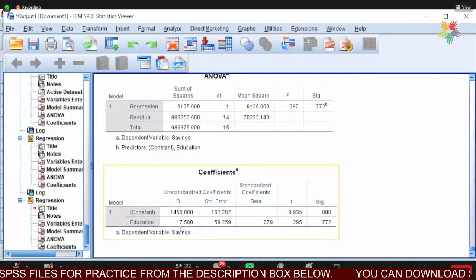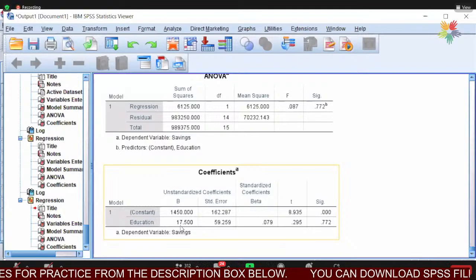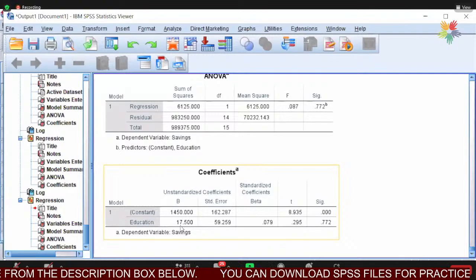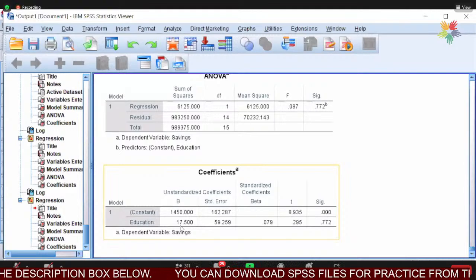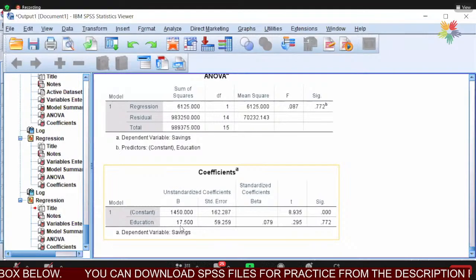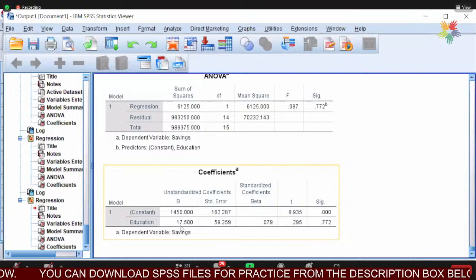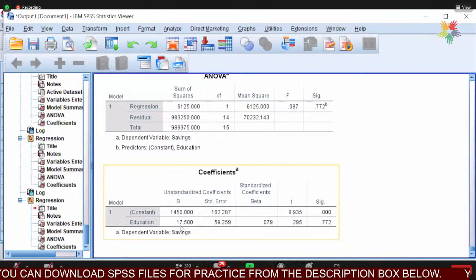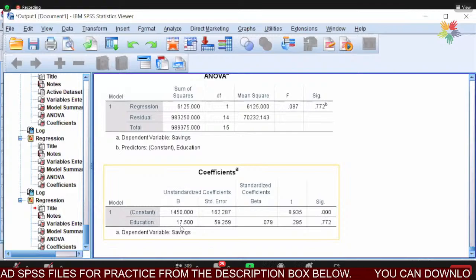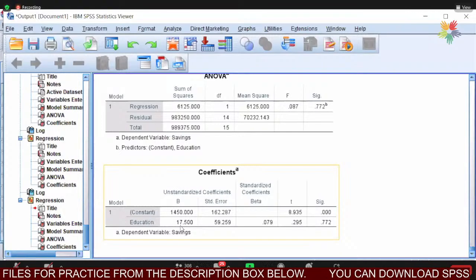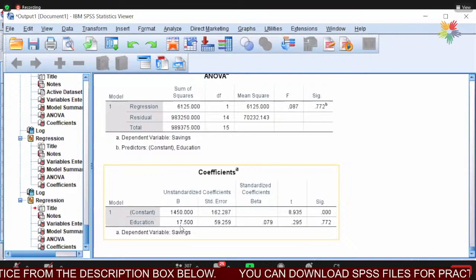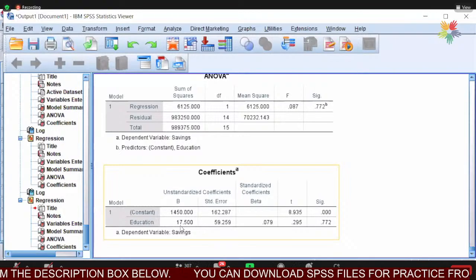Now, this is most important. Dummy variables are very easy. Now I am going to tell you the most difficult one, where I take my dependent variable as a category. My independent variable can be metric or a category.